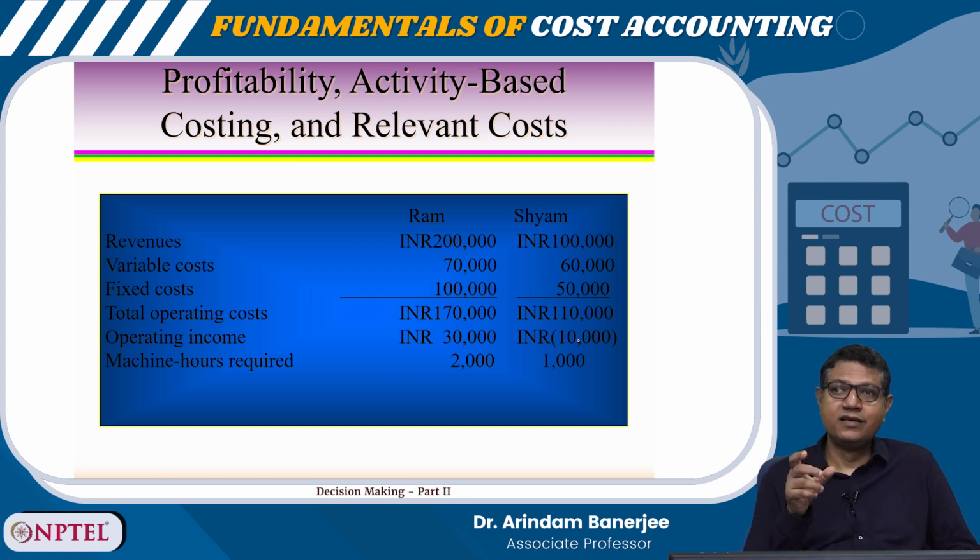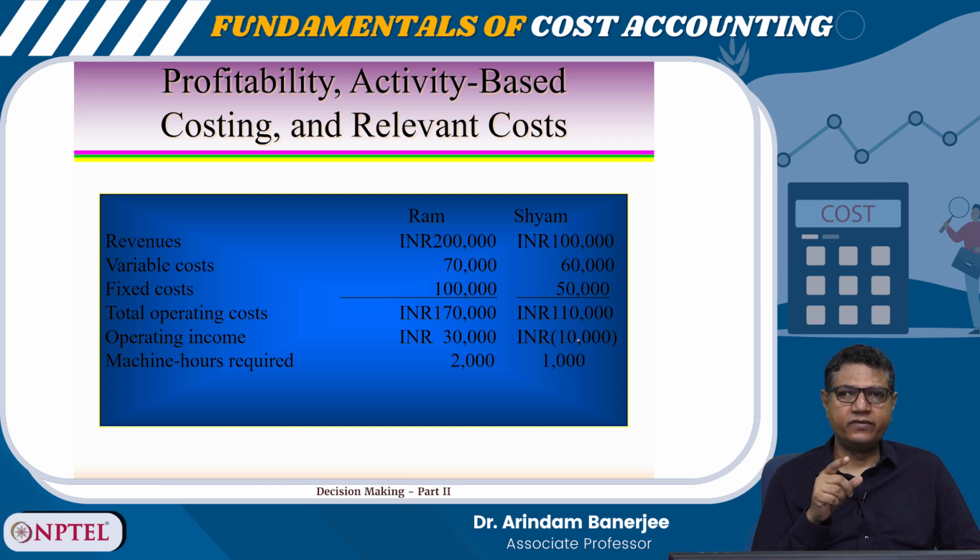So here you see the concept of the limiting factor coming into play. In the case of Ram, my contribution is 2 lakh minus 70,000, that is 1 lakh 30,000. So 1 lakh 30,000 divided by 2,000 is 65, right?